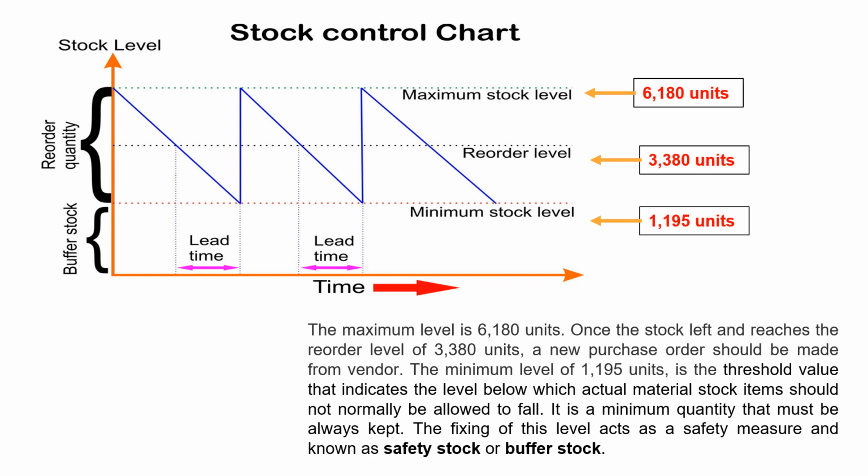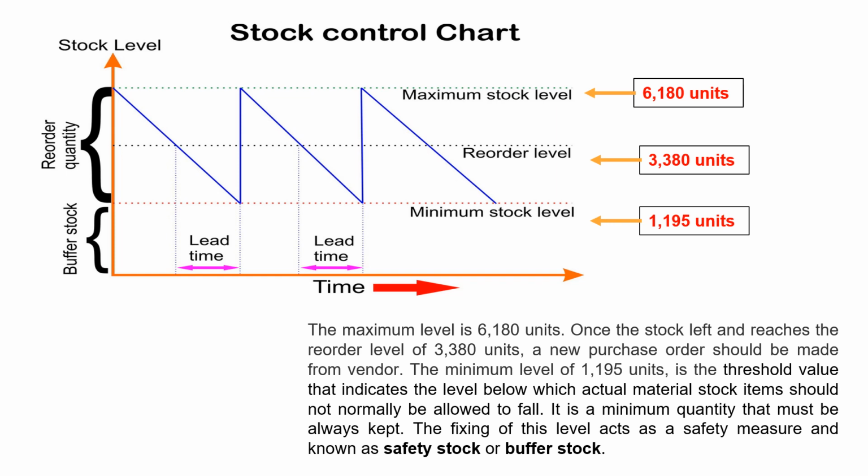So the minimum stock level is very important, because it serves as a safety measure for the company to ensure that their production can run smoothly. Another name for this is the safety stock or buffer stock.